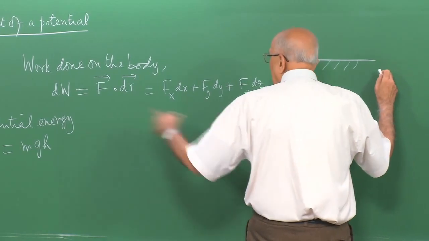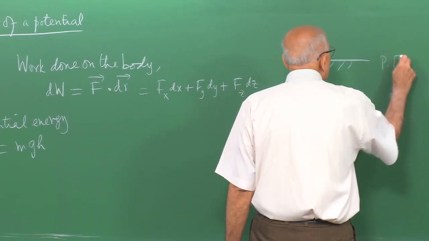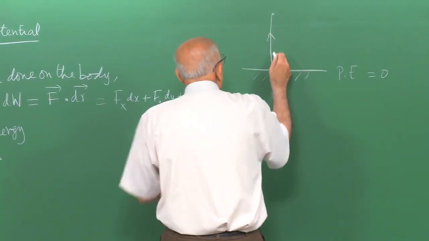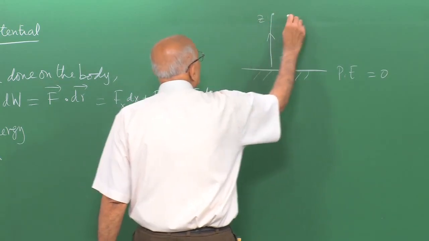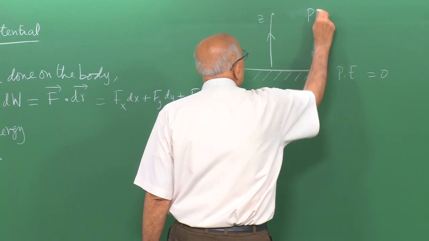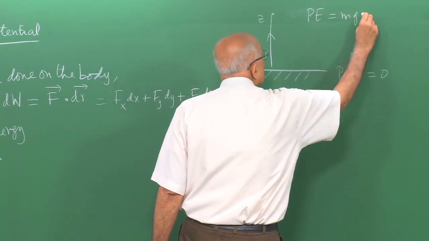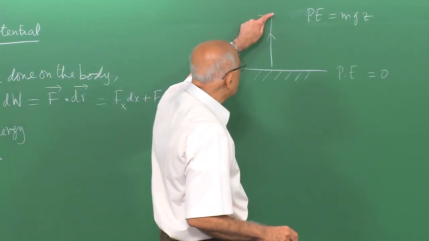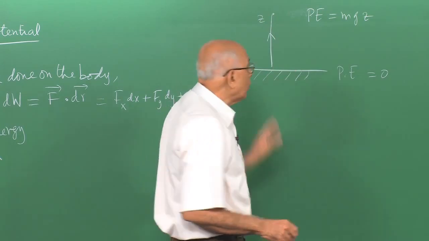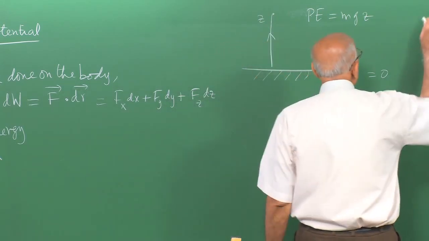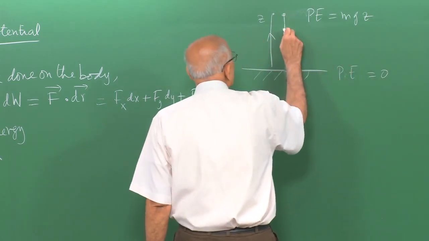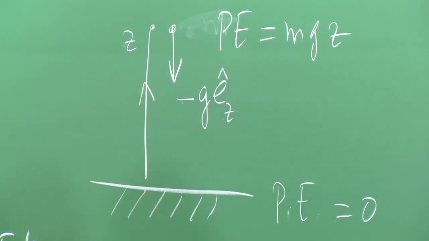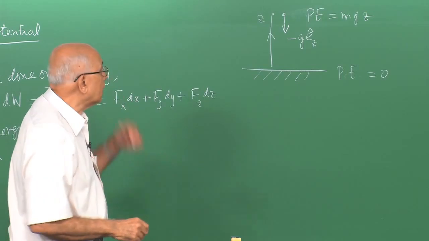Taking this example itself to start with, what it implies is that if you have the ground level and I say that the potential energy at this point is 0, then on the other hand at a height z, let us put the z coordinate in the vertical direction above the ground level, the potential energy PE equals mgz. Then there is a relation between the force acting on the body and this potential energy in the following sense. You can see that the force acting on the body is downwards, and it is equal to minus mg times the unit vector in the z direction, minus because it is acting downwards.